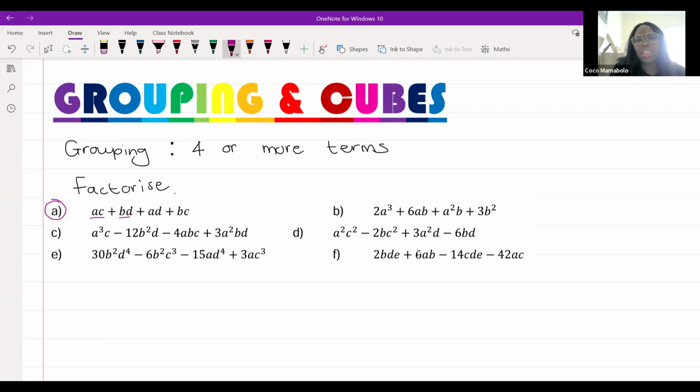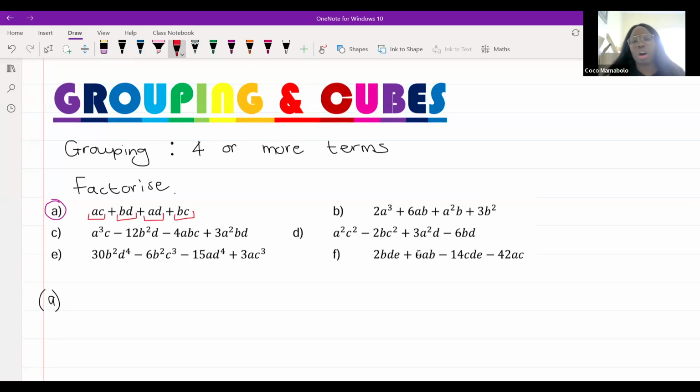So there's no point in my grouping them in that way. Which two terms do we see that have something in common? Good. Tanuluti says AC and AD. Excellent. So AC and AD have something in common, and we can also see BD and BC.